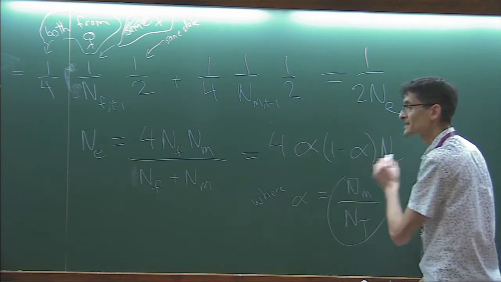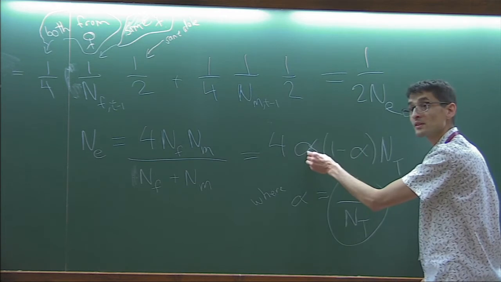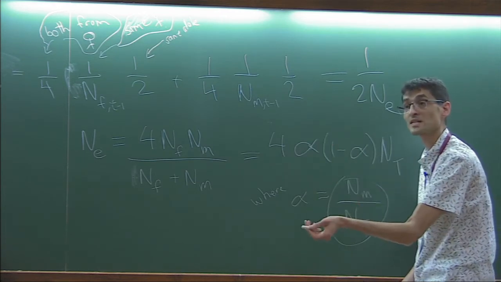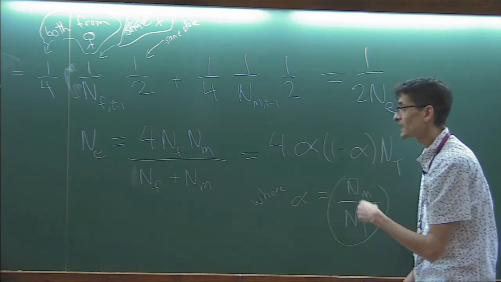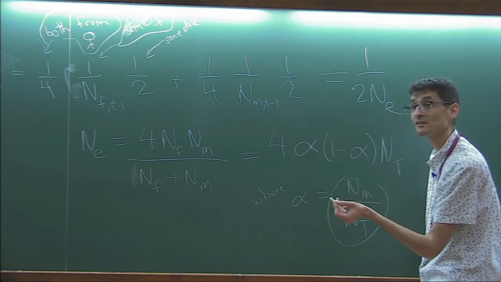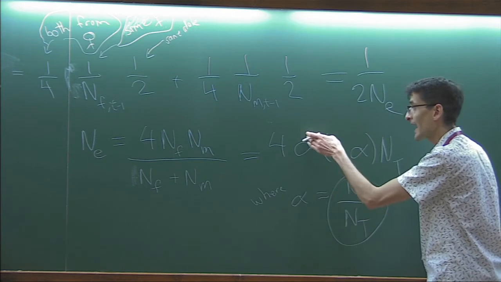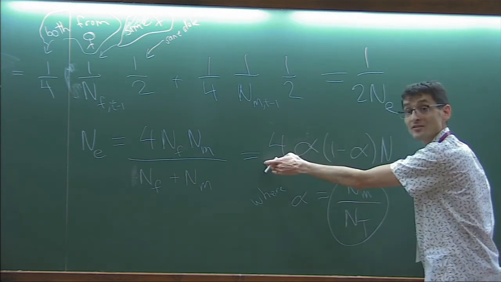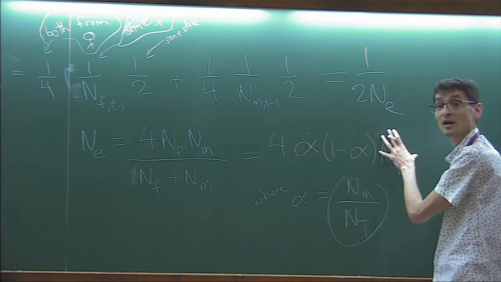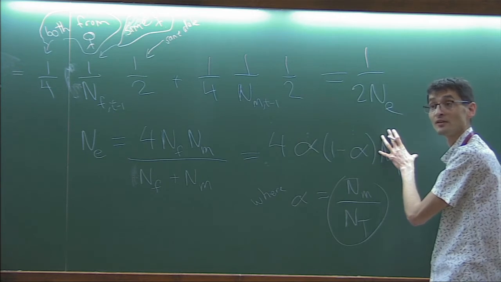So think about what this means. So alpha, of course, has to be between 0 and 1. If alpha is a half, our standard sex ratio, what happens? We get a half times a half is a quarter. That cancels with this 4, and we just recover our basic result. Okay? So we should feel good about that.